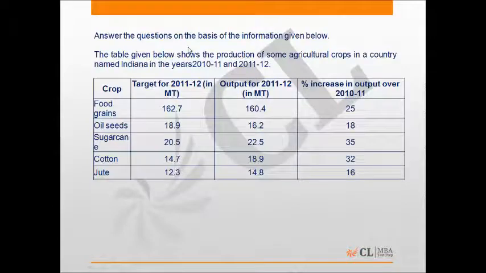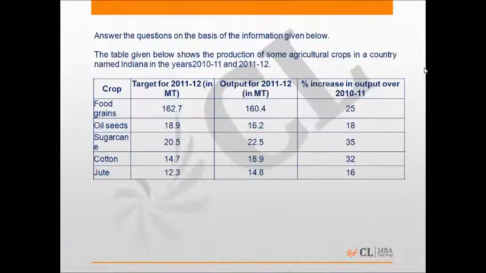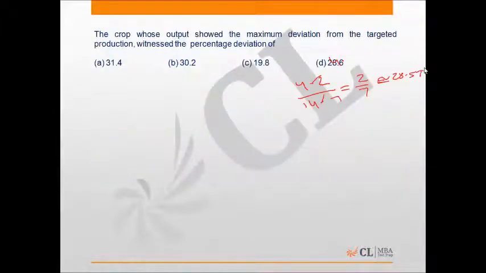When I calculate 4.2 upon 14.7, on solving it will turn out to be 2 by 7, which is approximately equal to 28.57%. I have to check one more option, that is jute. Jute is from 12.3 to 14.8, that is an increase of 2.5 million ton. 2.5 of 12.3 is close to 20%. So my answer is cotton and that is 28.6%, that is option D.